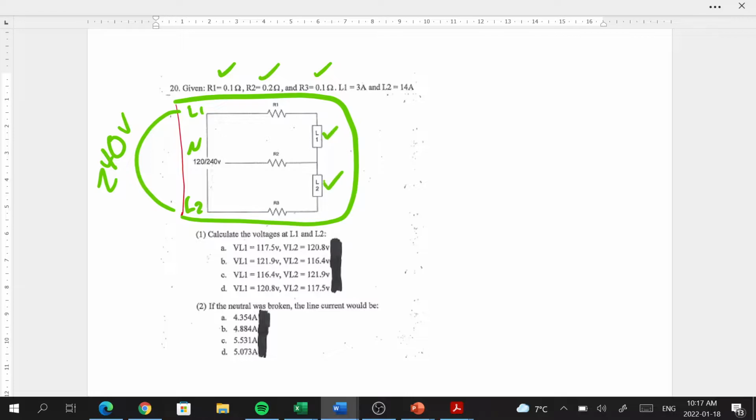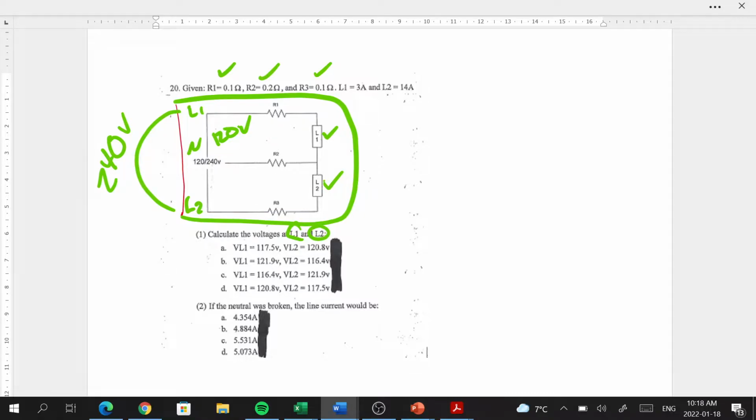So though we have 120 volts at the source going to load 1, we're not going to have 120 volts available at load 1. Some of it is going to drop, and that is called line drop or voltage drop. Likewise between neutral and line 2. So the first part of the question is we need to calculate the voltages at load 1 and load 2.